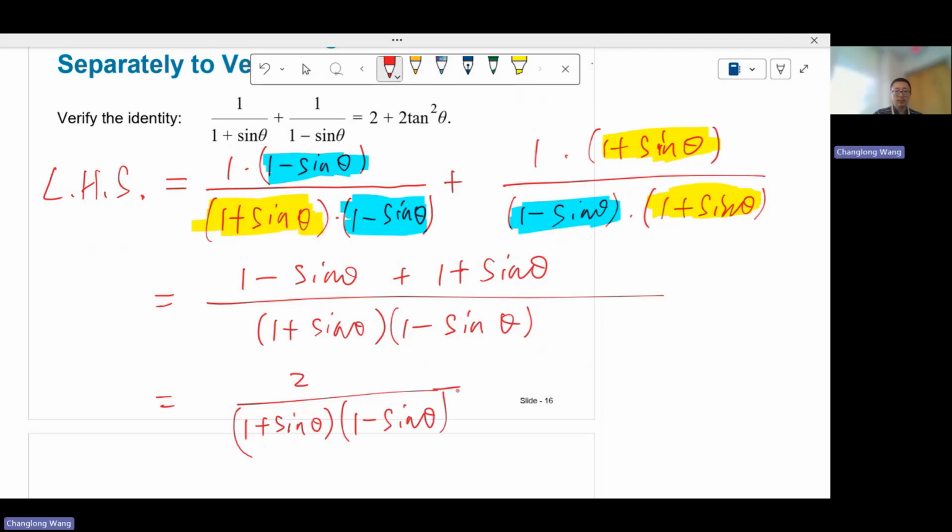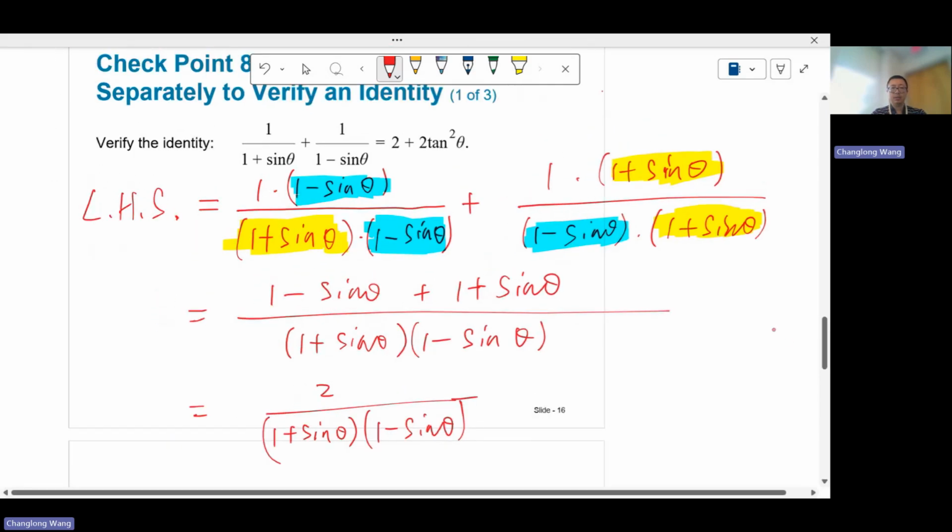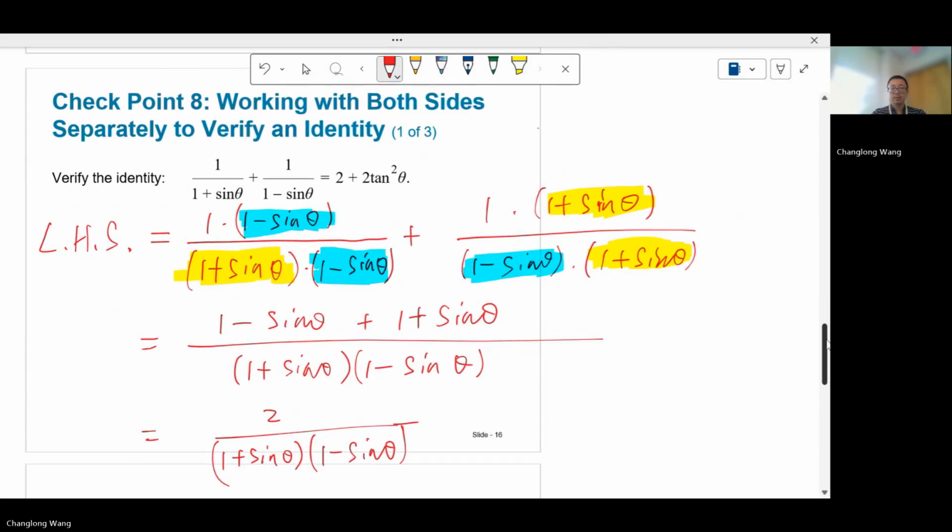Okay. But let me pause for you to think about what should be the next step. And honestly, I think this is probably a very realistic situation in a test, that you think you're in the right direction, and you are. You get to something which seems a lot nicer than the original expression.